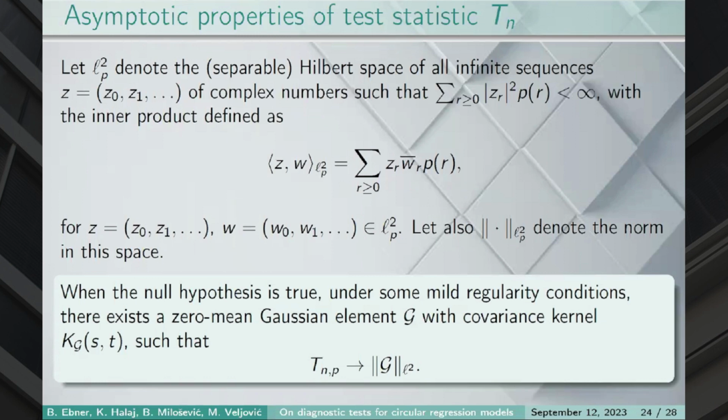We are currently working on finding the exact expression for the covariance kernel, and also all regularity conditions under which this theorem will hold. Of course, the IID situation we can obtain from the work of Yamala Madaka.